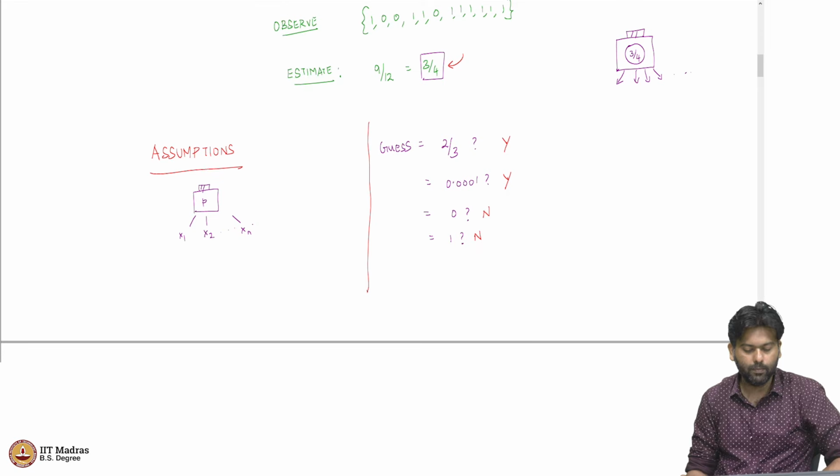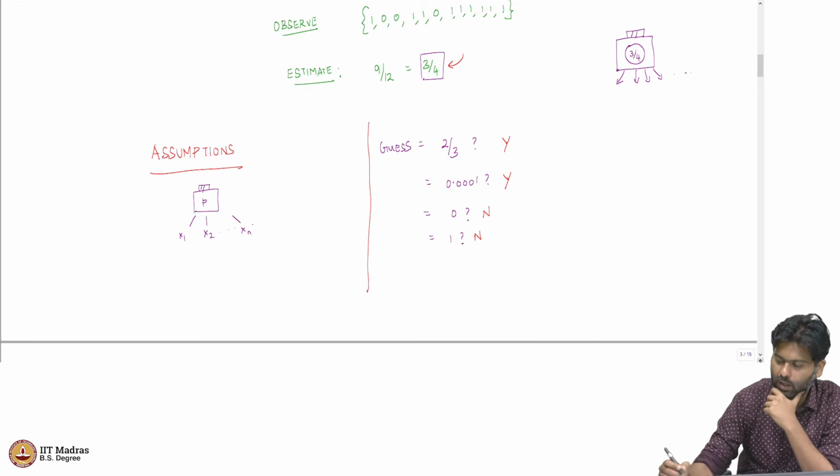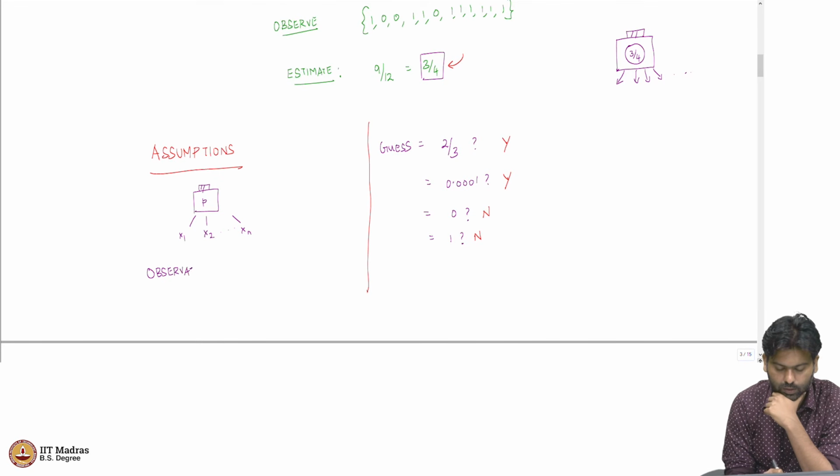Now, there are two basic assumptions we are making about this data, and these are very common. The assumptions are as follows. The observations are, first, independent, and the second assumption is that they are identically distributed.